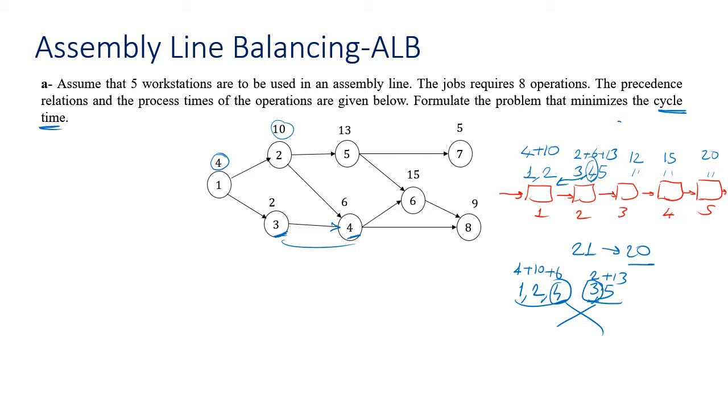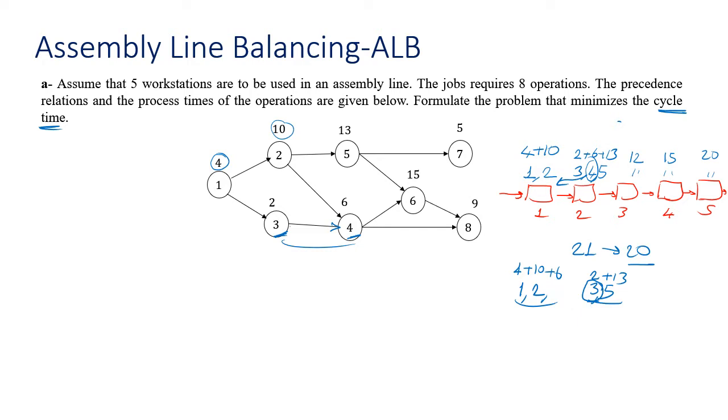So this precedence relationship simply says that if a task precedes another one, it must be assigned to an earlier station, but also it can be assigned to the same station. Okay, it is also okay if they are assigned to the same station.